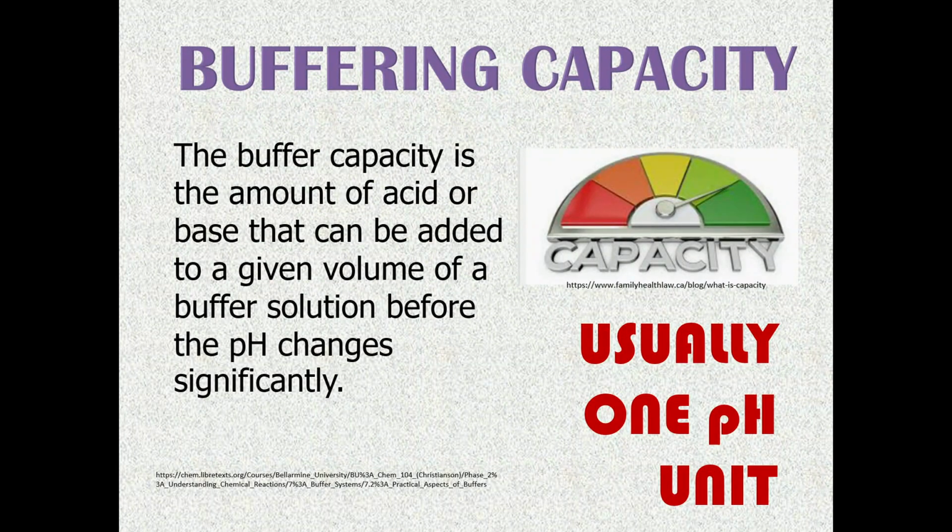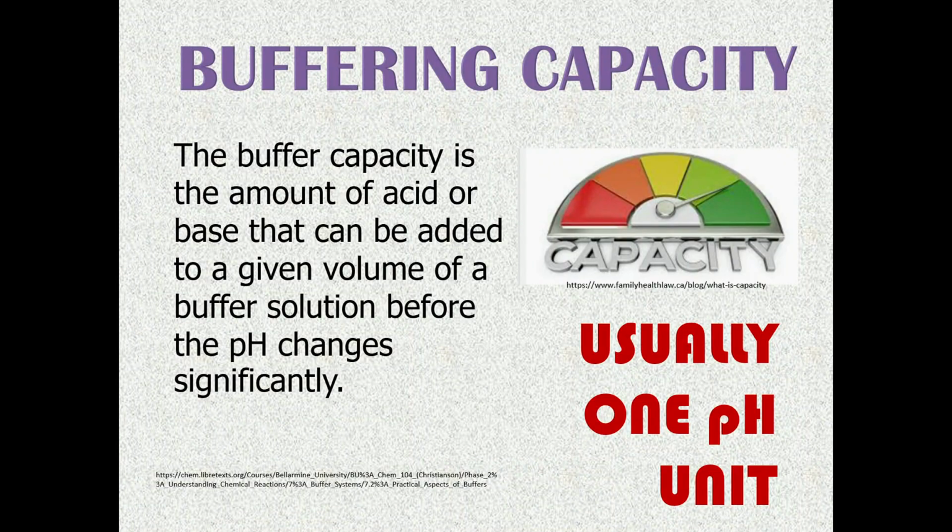Okay, buffering capacity. Buffering ability is how does it compare to pure water? Buffering capacity is how much acid or base you can add before it messes things up. Normally, it's within 1 pH unit of the pKa. Like I said, buffering ability is how does it compare to pure water?